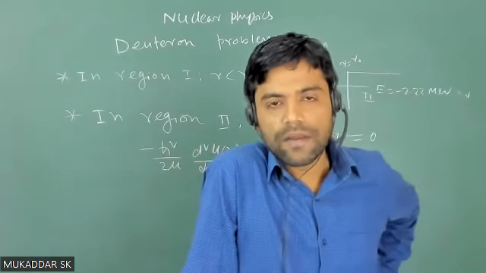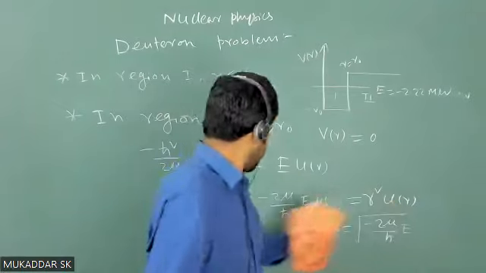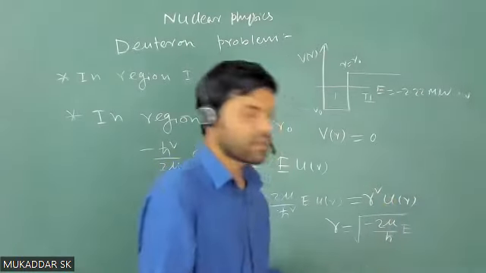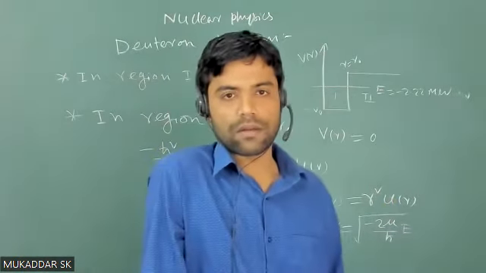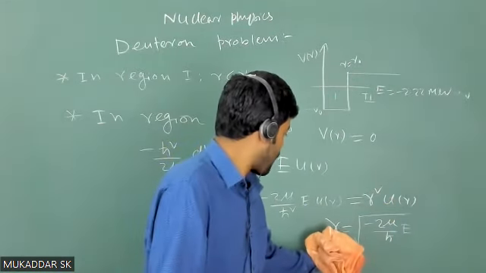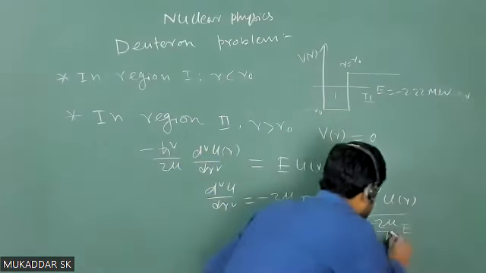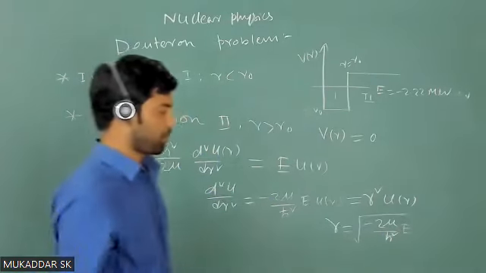Direction of propagation will be some real number. I have taken this gamma here in this differential equation. Gamma is representing that direction of propagation. Again, gamma should be a positive number, right? And I have to take gamma like square root of minus twice mu by h cross square, then E.